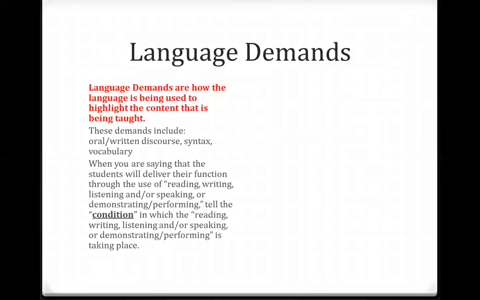So when we're saying language demands, we're saying that this, how the students will be able to deliver the function, remember that's the main idea, the big idea of the lesson, through the use of reading, writing, listening or speaking, or demonstrating. So basically, it is the condition in which students are reading, writing, listening, speaking, or demonstrating the language.